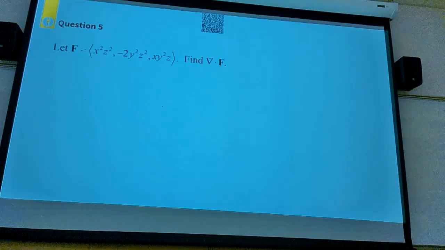As a review, what is that? Gradient. It's not a gradient. That would be a gradient.